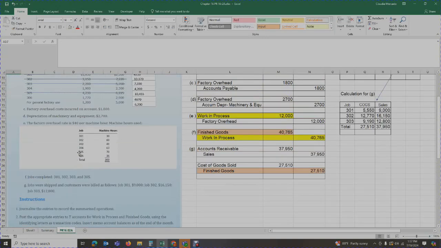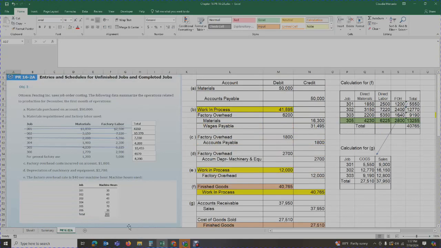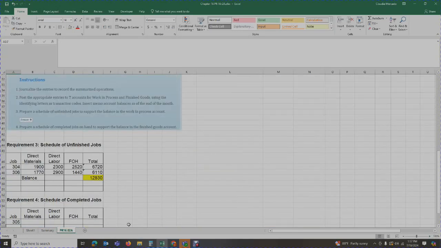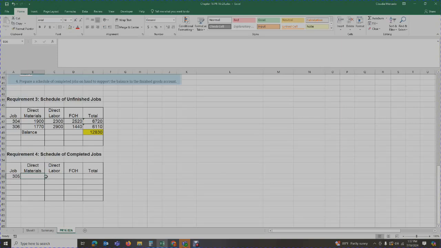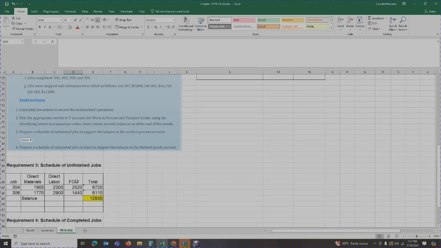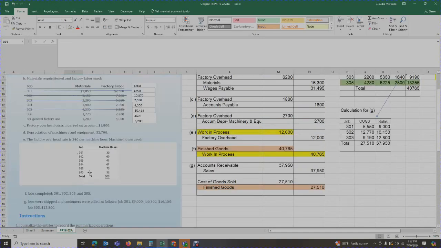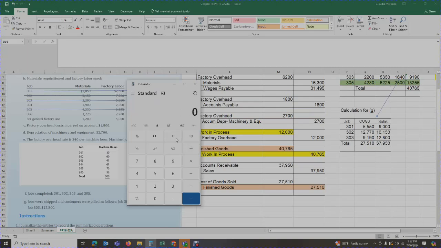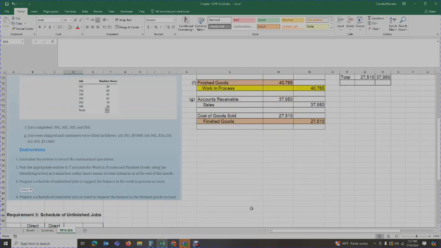Okay, so we're going to have job 305. Direct materials for 305 is 4,230 and 6,225. Okay, 4,230, 6,225, and my overhead for 305, it's 70 hours at a rate of 40. That's going to be $2,800.